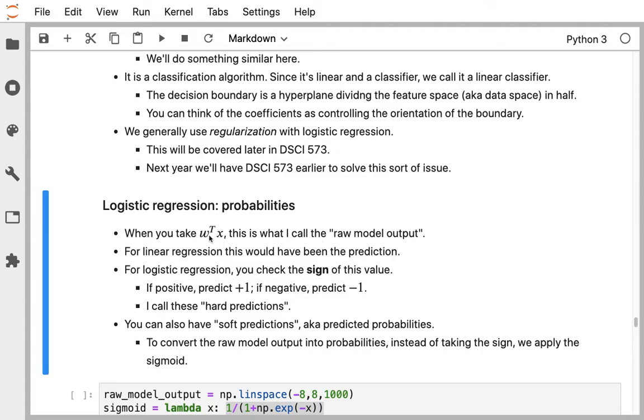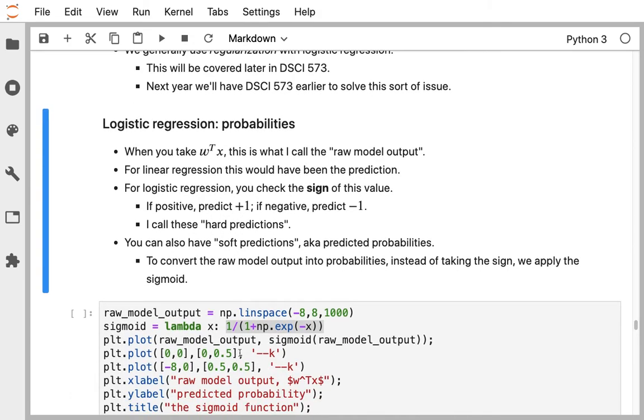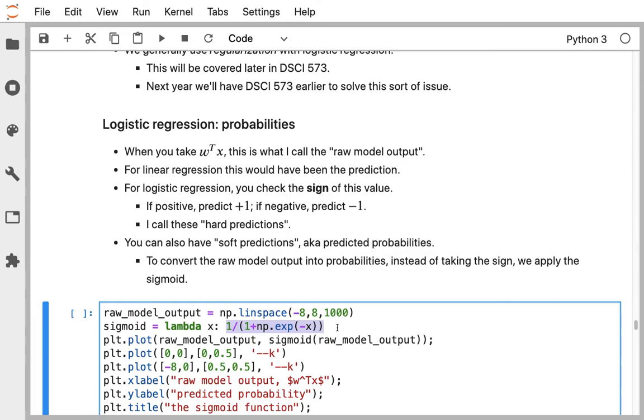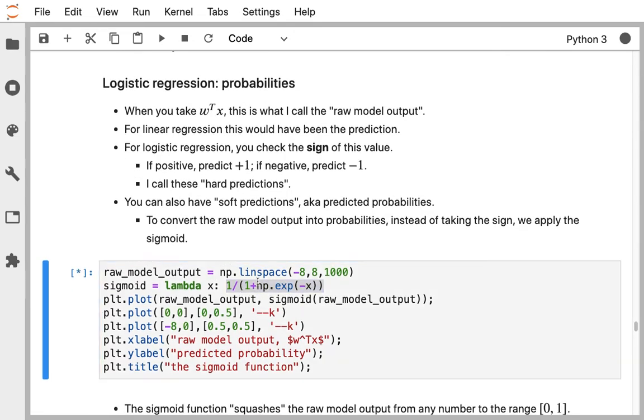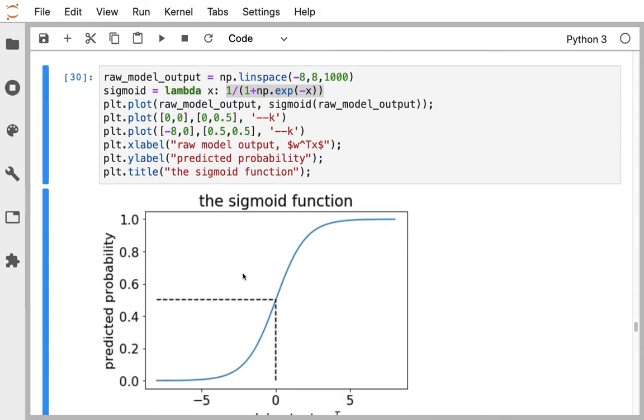You can take this raw model output, look at the sign and get a hard prediction, but often you actually want a predicted probability out of logistic regression, which is between 0 and 1 and tells you the probability of the positive class. So here's the sigmoid function that you may have seen before, 1 over 1 plus e to the minus x. And here's what it looks like.